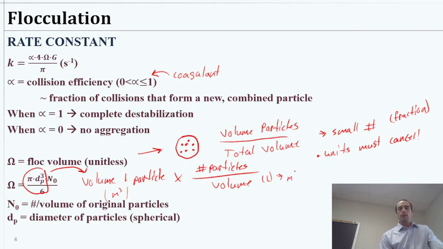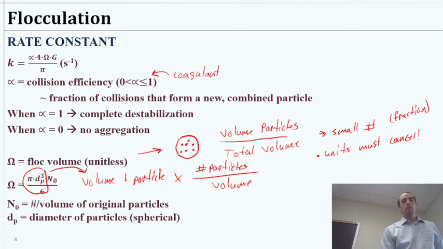Oftentimes that'll be taking that to cubic meters. Does that make sense? Okay. I think I'm going to erase these because I don't want to make any confusions looking back at it later. Okay, so that gives us a fraction of the total volume that's going to be particles.